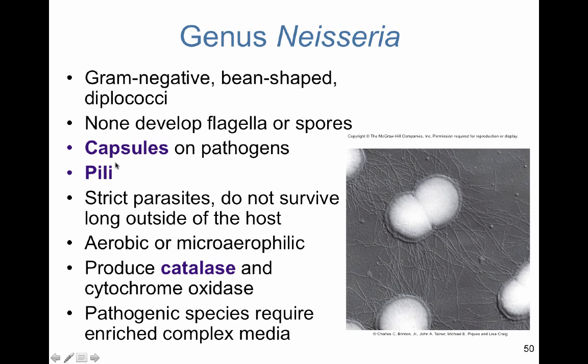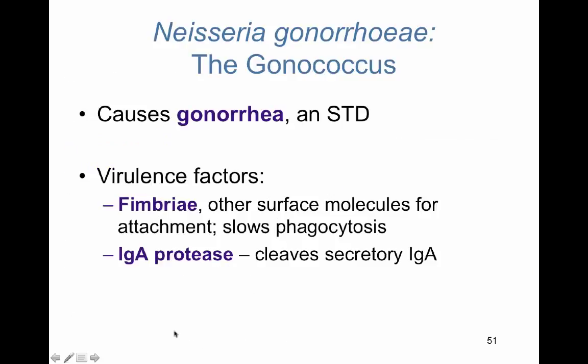Because it's gram-negative, it will have that pilus structure that will facilitate bacterial conjugation, so it can swap segments of DNA, and these bacteria produce catalase, and they also require enriched complex media.